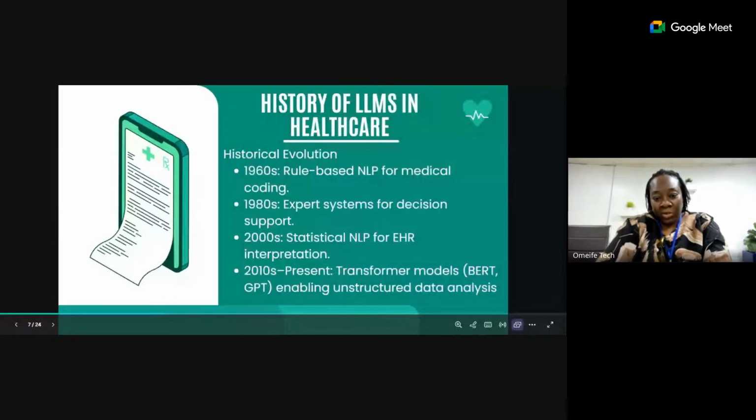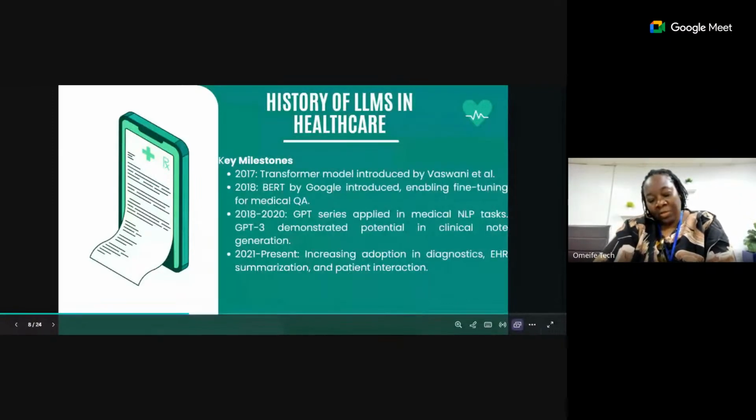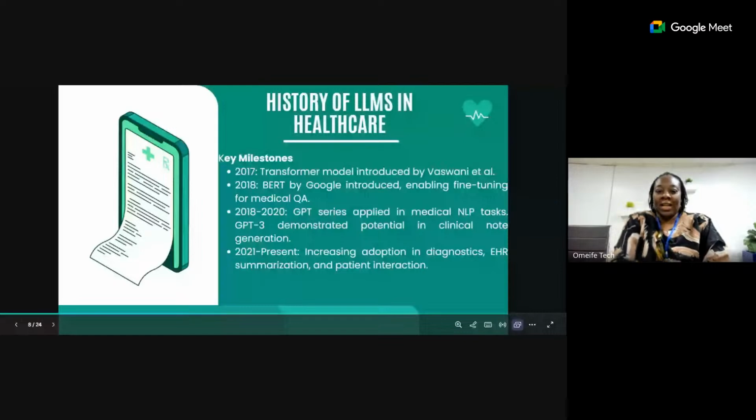Now, the key milestones in this history of LLMs. From 2017, we had transformer model introduced by Vaswani et al. Then in 2018, BERT by Google introduced their own LLM, enabling fine-tuning for medical questions and answers.